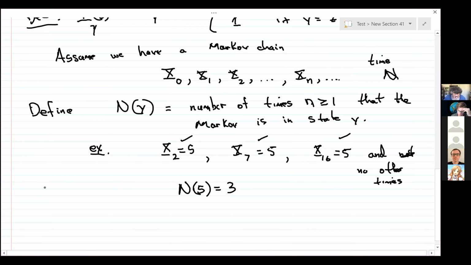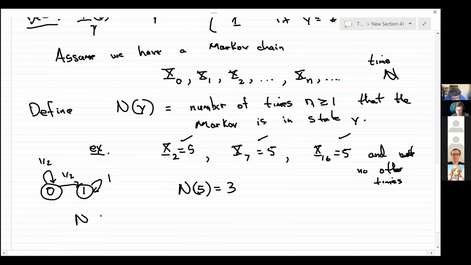So for example, suppose you have this kind of a simple Markov chain that looks like this. Suppose this is 1/2, and this is 1/2, and this is 1.